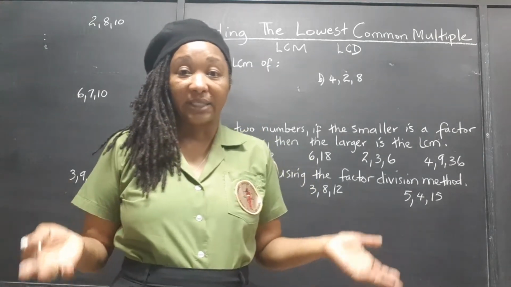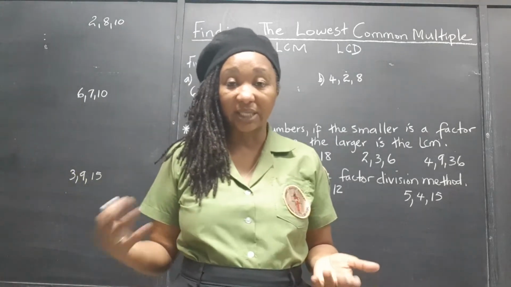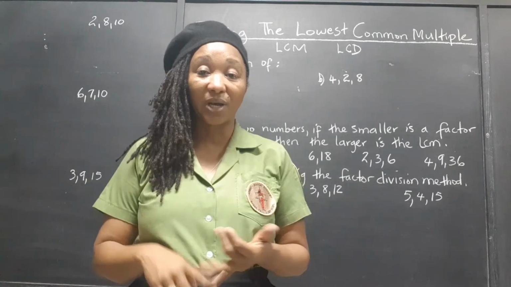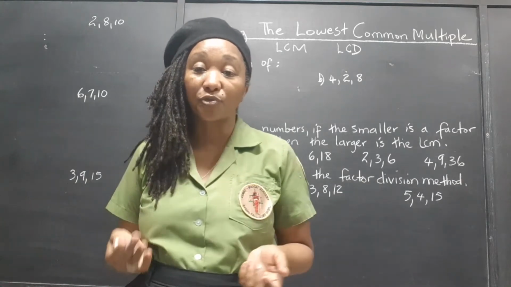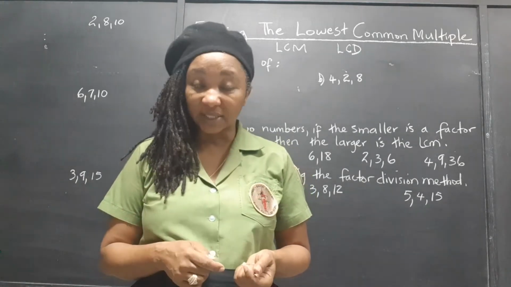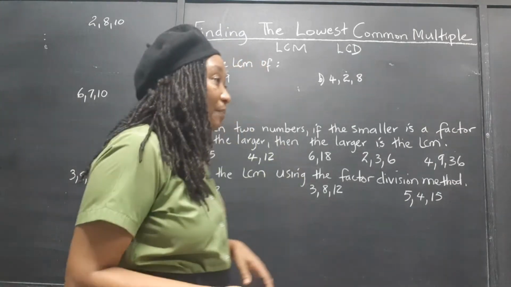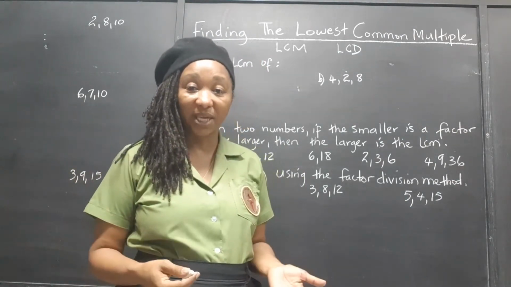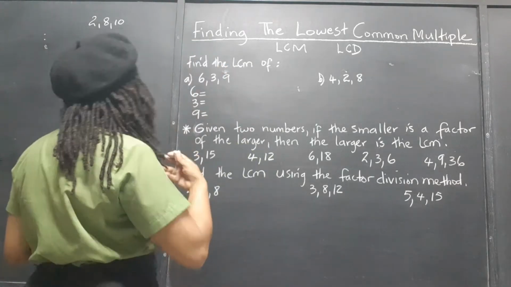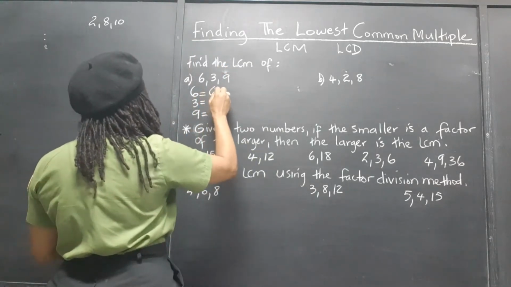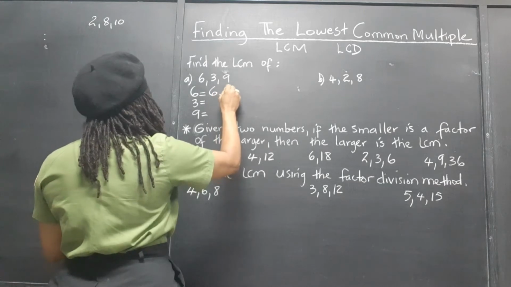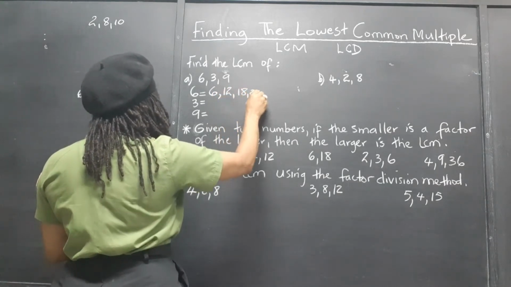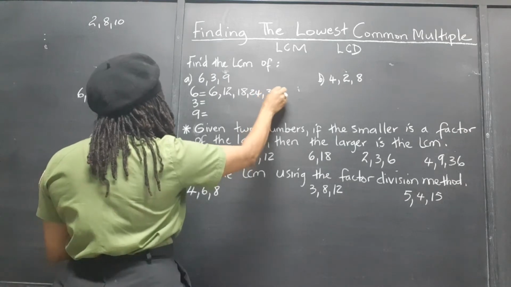So 6 times 1 gives 6, 6 times 2 gives 12, 6 times 3 gives 18. 6, 12, and 18 are the first three multiples of 6. So we're basically saying then just list out the results of the timetable. So let's do that. So the first multiple of 6 is 6. 6 1s are 6. 6 2s are 12. 6 3s are 18. 6 4s are 24. 6 5s are 30.